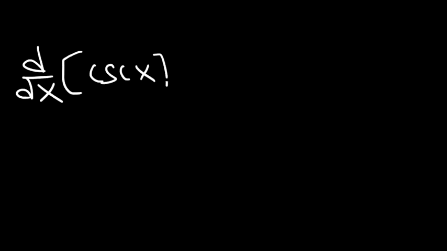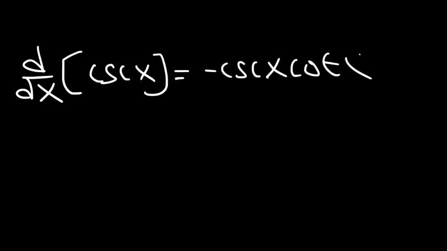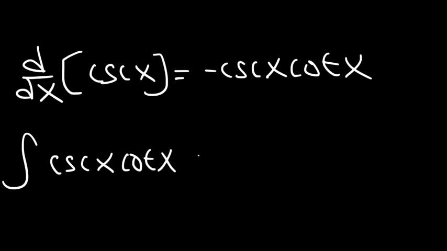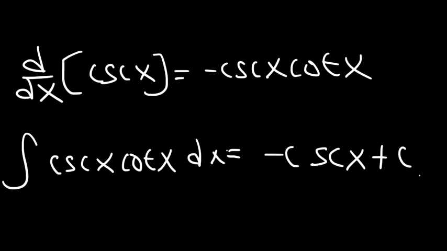And the last one, the derivative of cosecant x, is negative cosecant x cotangent x. So the antiderivative of positive cosecant x cotangent x, changing the sign, has to be negative cosecant x plus c. And so make sure you know those common trigonometric expressions along with their derivatives and integrals.